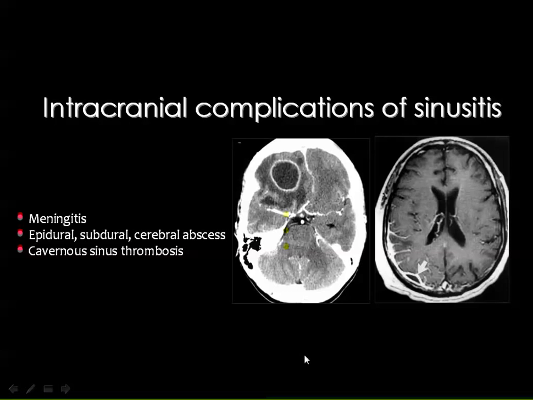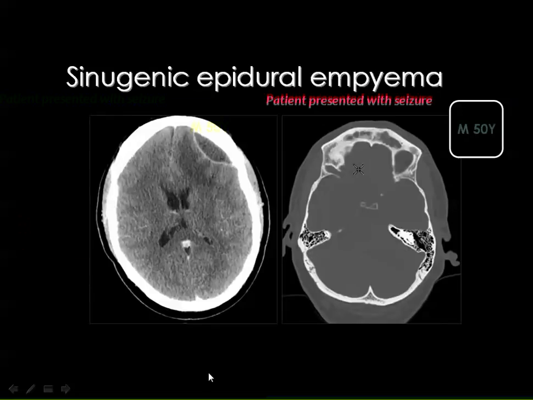Intracranially, the extension of infection may result in meningitis, which will present by localized or diffuse meningeal thickening and enhancement, together with epidural collection like this one, epidural empyema or subdural empyema, or cerebral abscesses, like this one with a rounded lesion with regular uniformly enhancing margin surrounded by significant perifocal brain edema, and also the cavernous sinus thrombosis if sinusitis is in the sphenoid sinus.